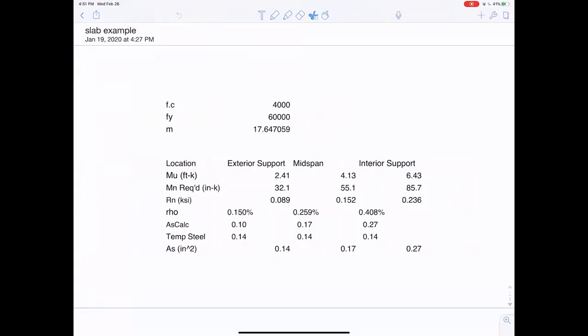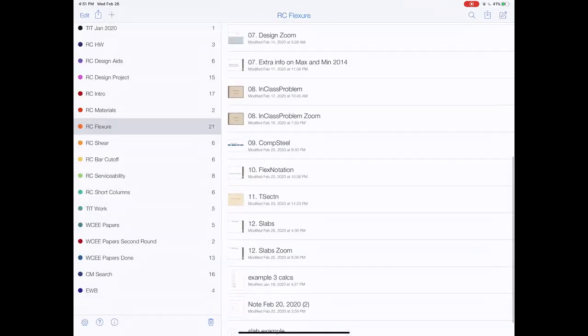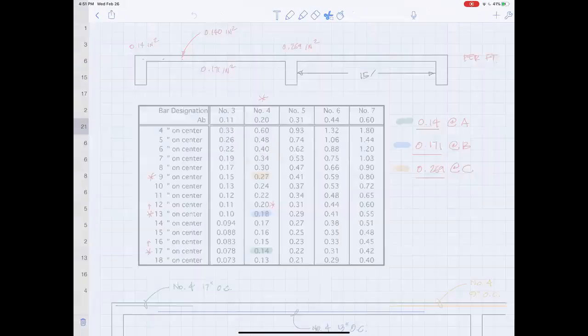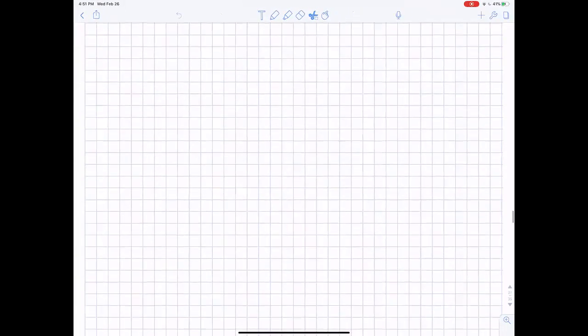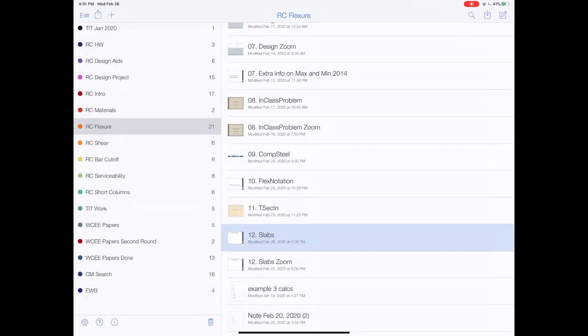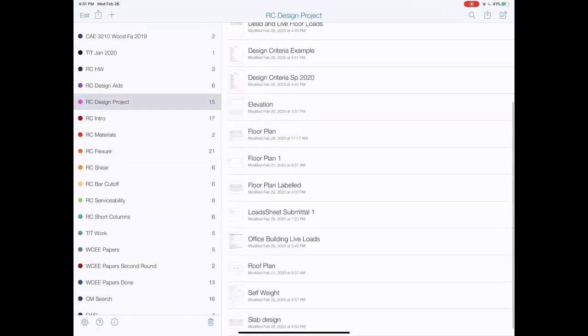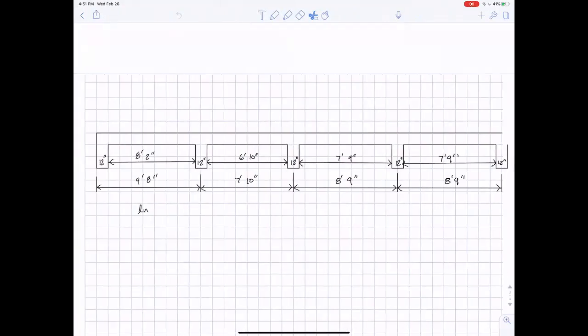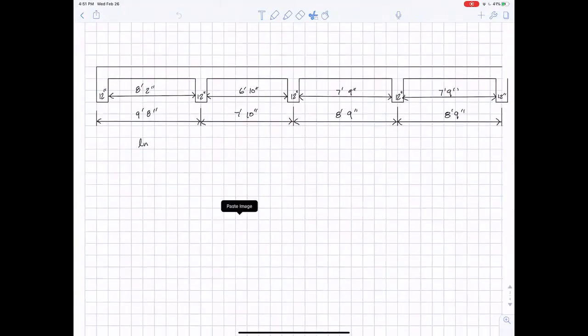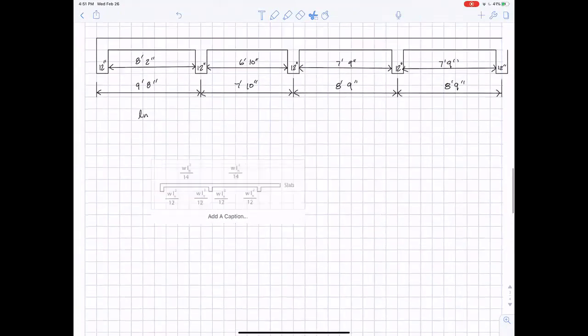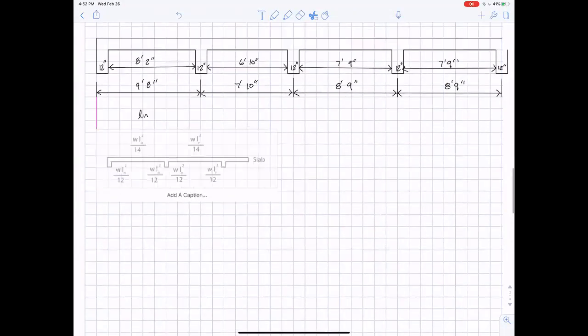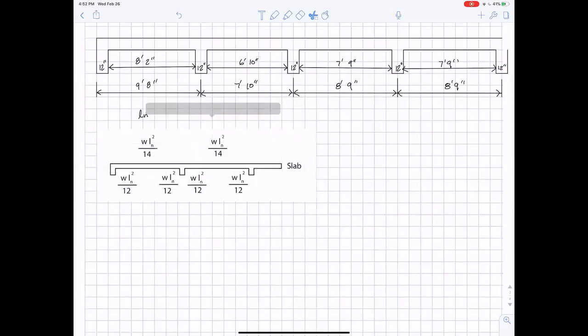Where did I put that? Oh, it's in the project. Design project, slab. There we go. Let me paste in. Here are the approximate moments we're going to use, and you can see it's wL squared over 12 and wL squared over 14.